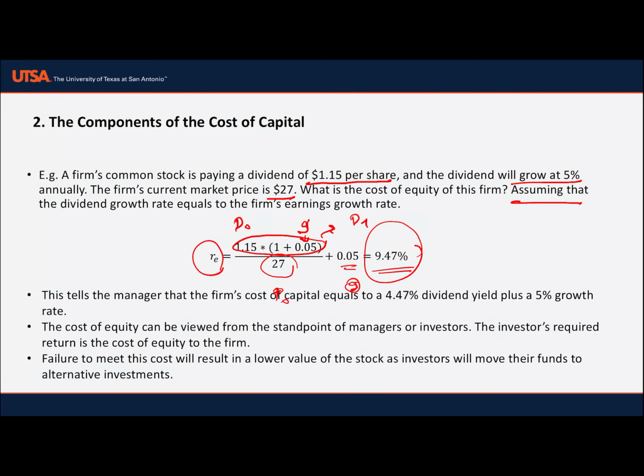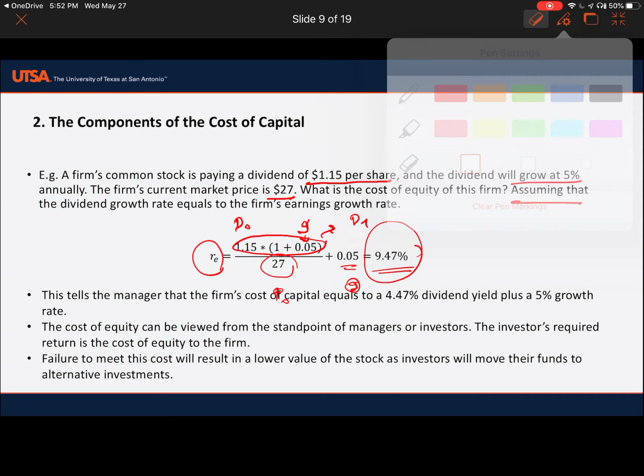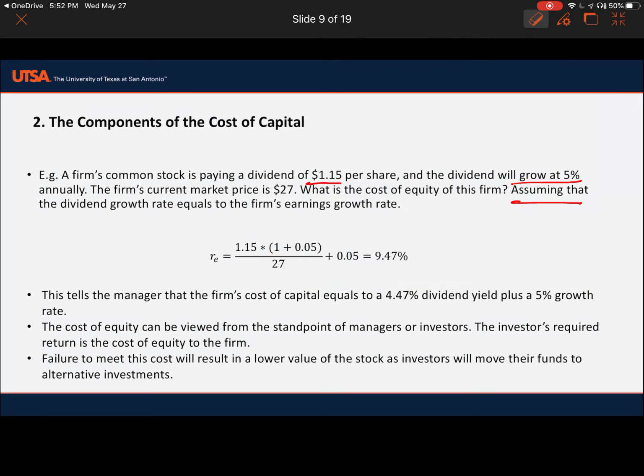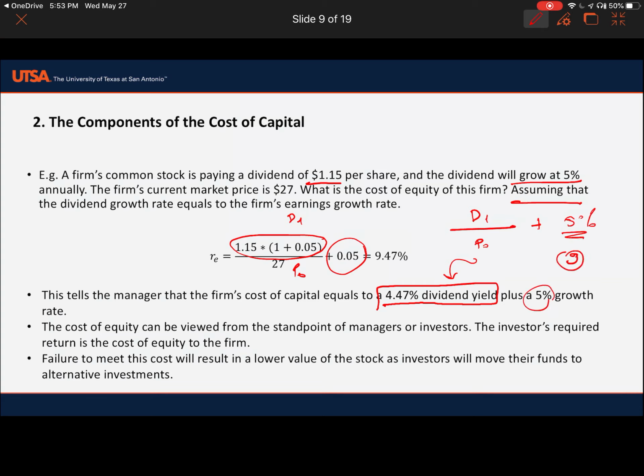So this tells the manager that the firm's cost of capital equals a 4.47% dividend yield, which is dividend at time 1 paid over price 0, plus the 5% growth rate.